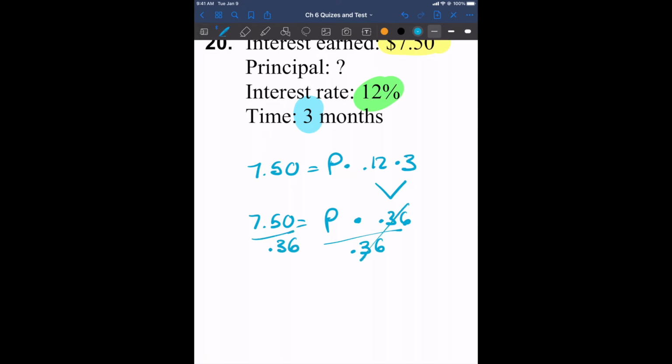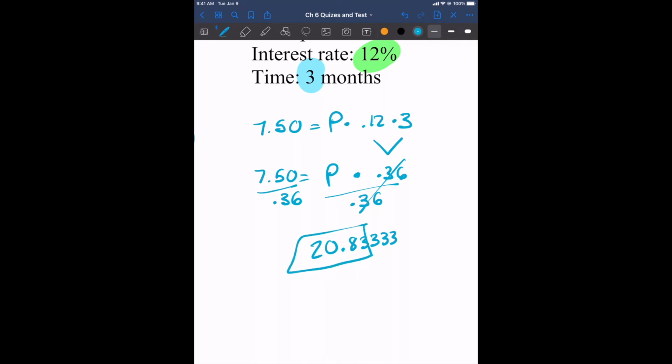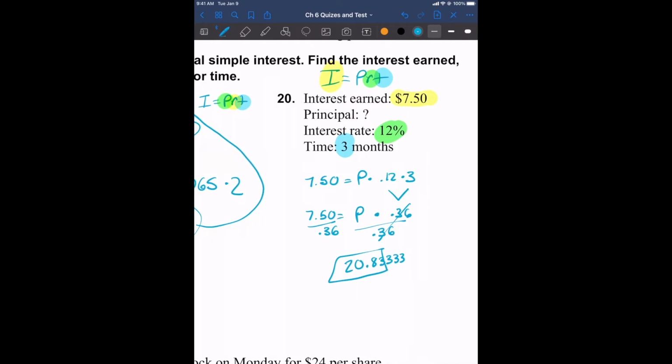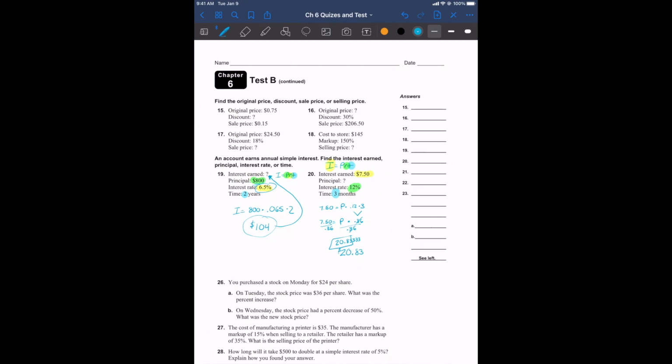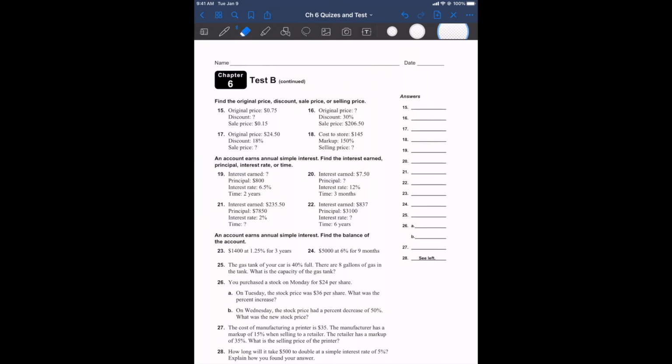Okay, that makes it go away. $7.50 divided by 0.36 equals 20.83333. Okay, let's round. It doesn't say to round to the nearest anything, so I'm just going to round it right there. Okay? So, what is the principal? The principal is $20.83. That's it. It's really not so bad once you know what you're plugging in for what, right?